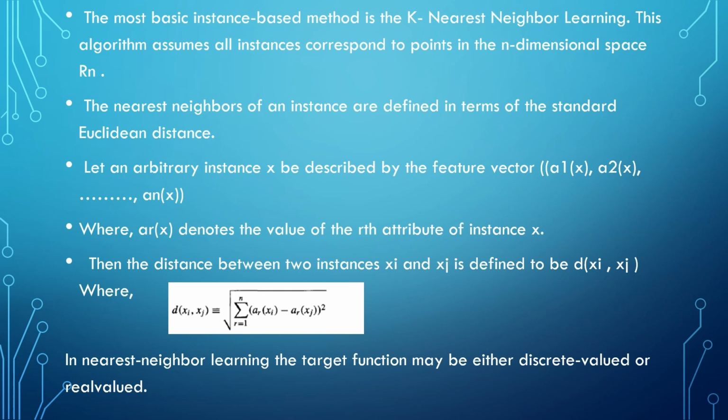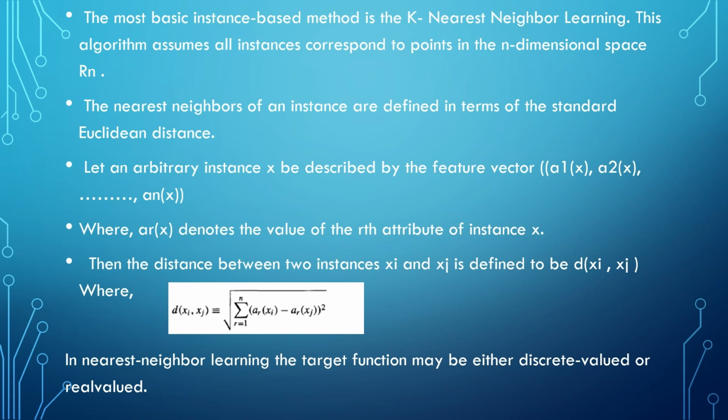So, the nearest neighbors of an instance are defined in terms of standard Euclidean distance. We use standard Euclidean distance in order to find the distance between those instances.